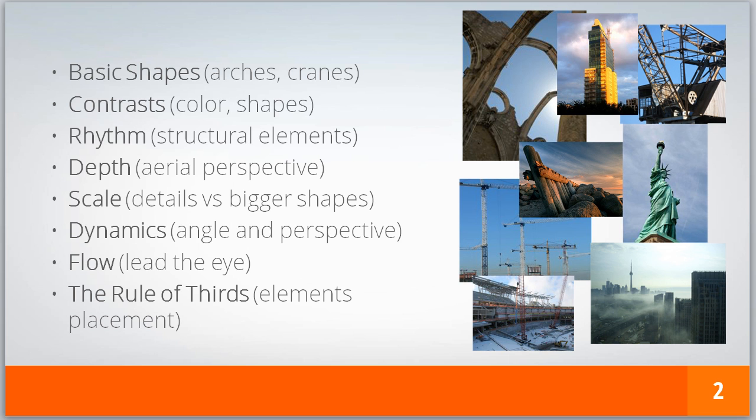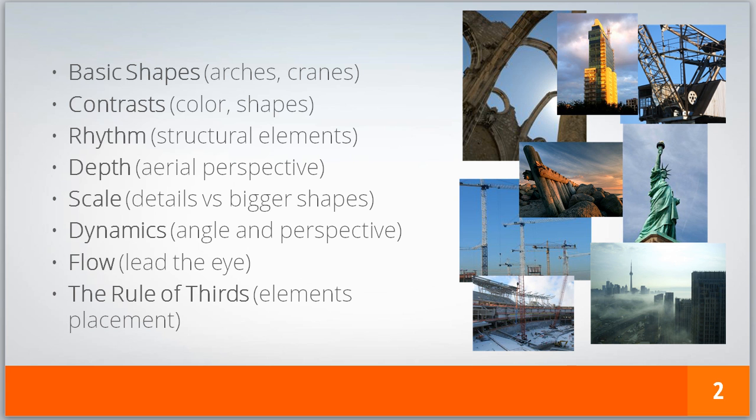So we'll have some shape contrasts, but we'll also have the warm and cool color contrast determined by two factors: the color of the stones in contrast with the color of the steel structures, and the warm lighting that will hit the statue, as seen in this picture on the upper side, in contrast with the bright blue sky.